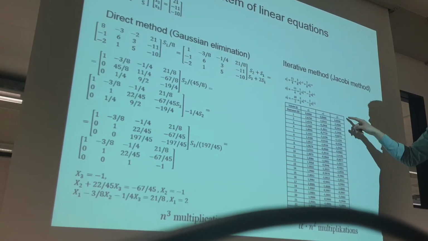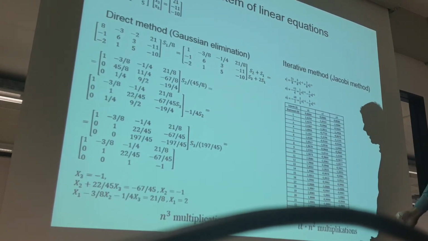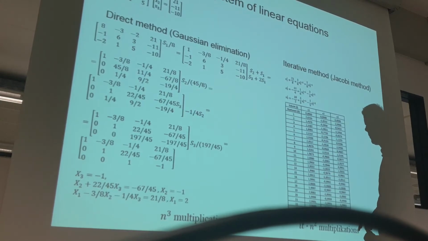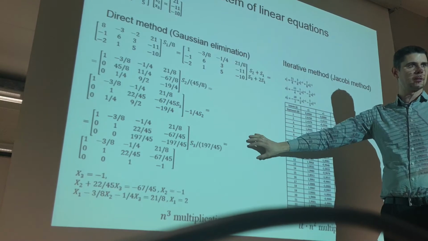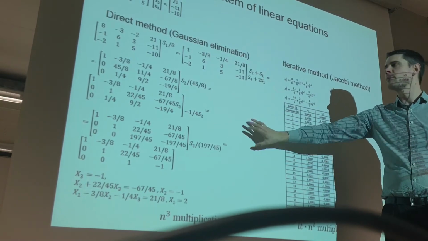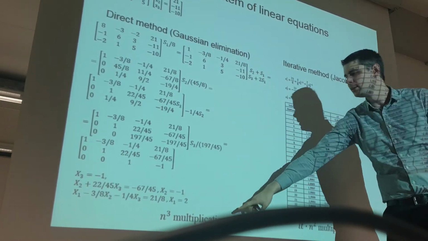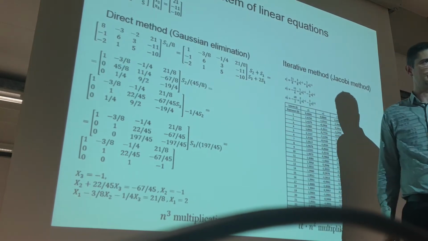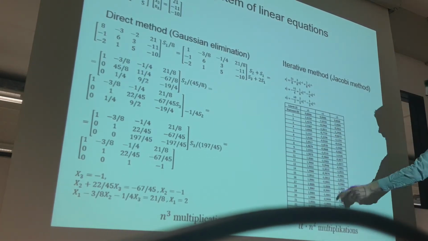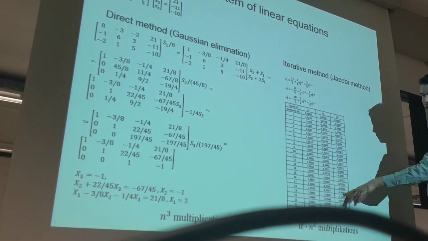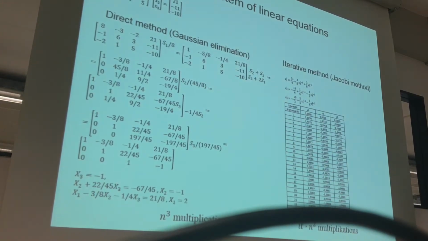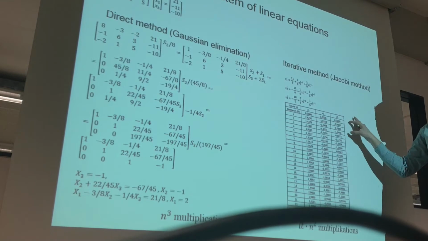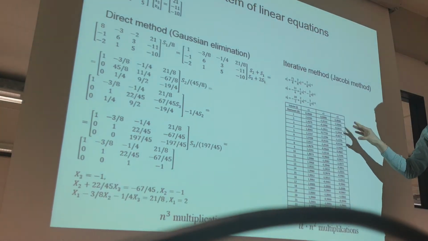So, okay, and why do people use both methods? Very simple. If I have, for example, 3 equations, I need 27 multiplications here. And here I need 9 multiplied by 30, I don't know, 200 or 300 multiplications, yes? So it's much slower for small systems here.